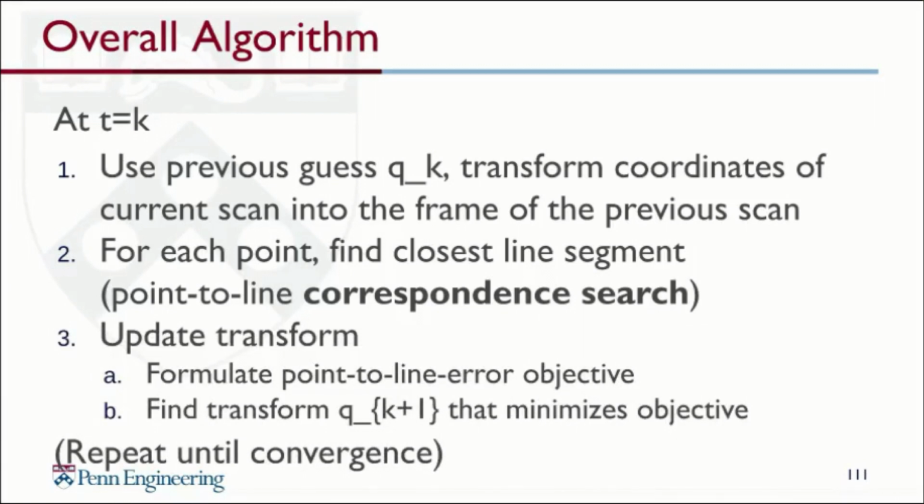And then based off of these correspondences, we update the transform in two steps, where we first formulate the point-to-line error objective, and then we find this next iteration of the transform q of k plus 1 that will minimize this objective. And we'll go into detail about this shortly. This algorithm will repeat until we converge to a particular solution.